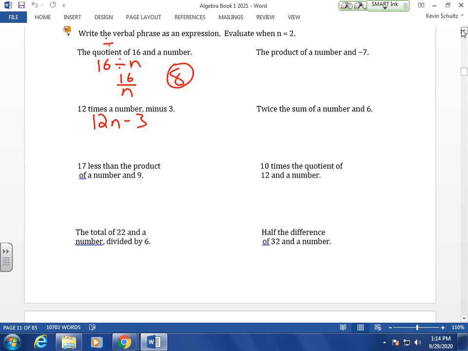Is this saying the total of 22 and a number divided by 6? Or is this saying the total of 22 and a number, divided by 6? Which is it? The comma, where it's at, after the total of 22 and a number, what is that comma separating?